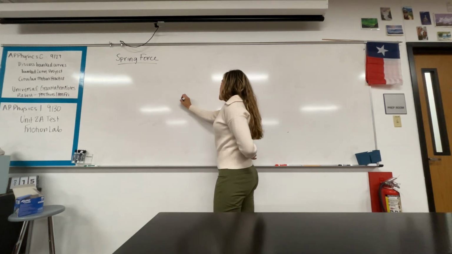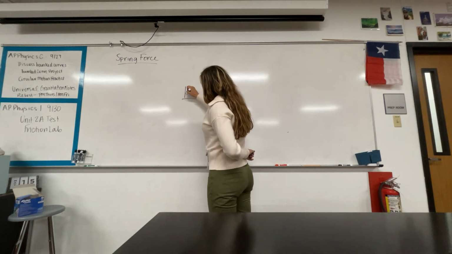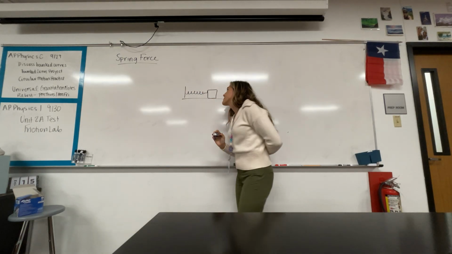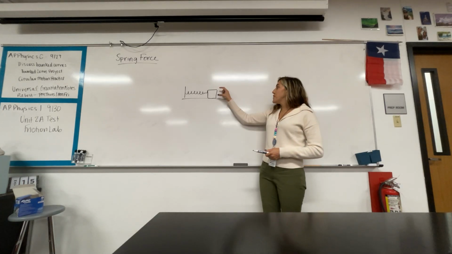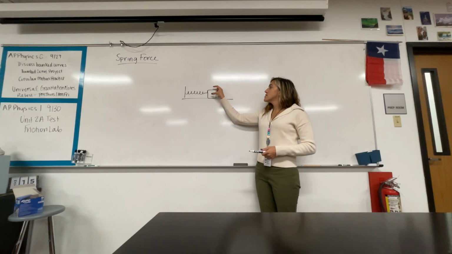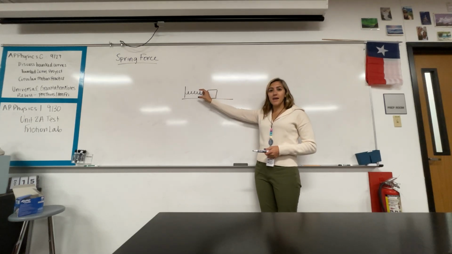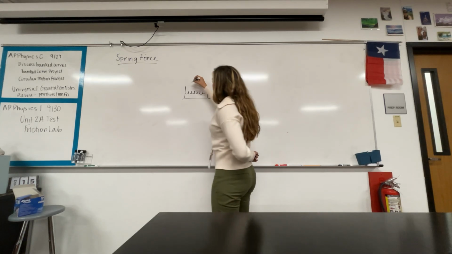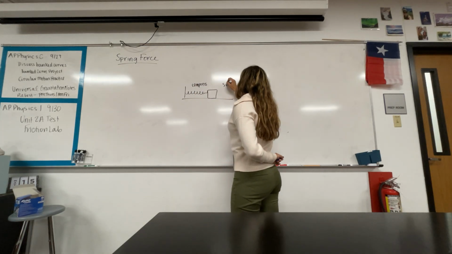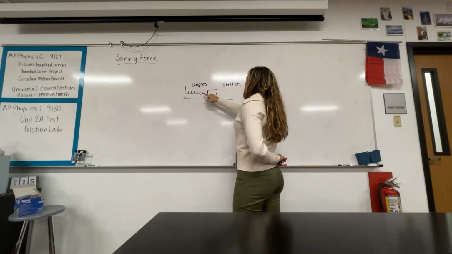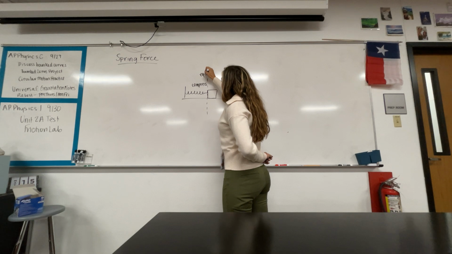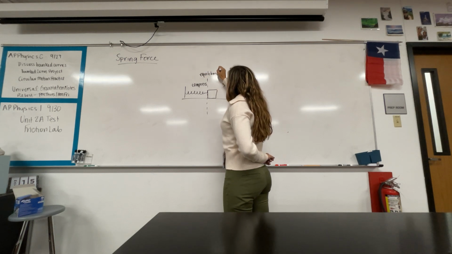So if I had a scenario where I have this spring and it's attached to a block, and I pull the block, or I push the block in, I either compress or stretch this spring from its equilibrium length.